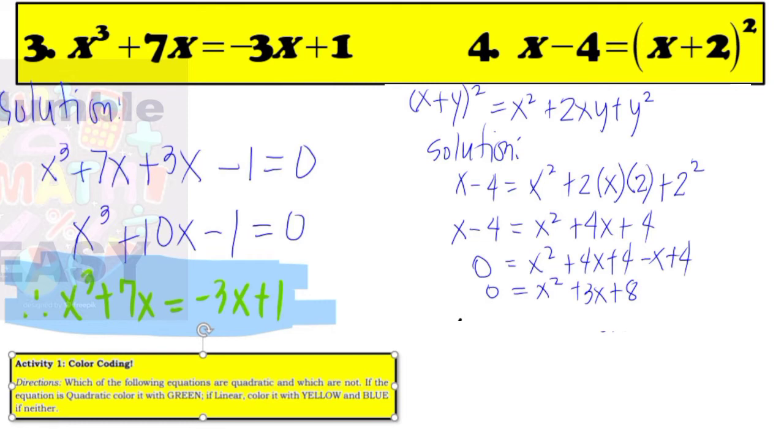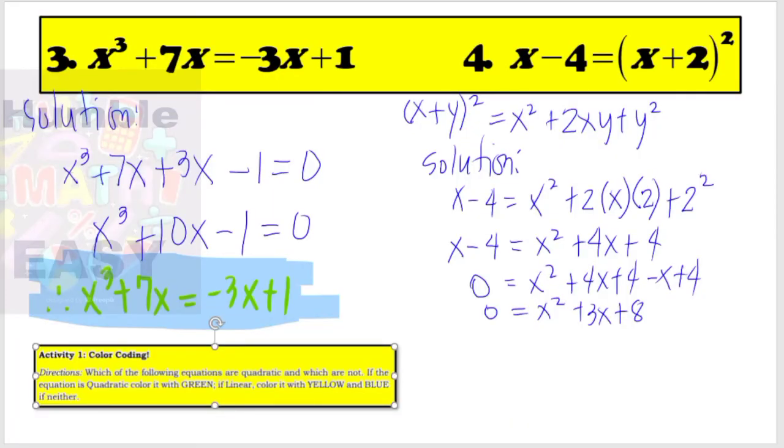Simplifying everything, copying the given, this one became x squared plus 3x plus 8 is equal to 0.